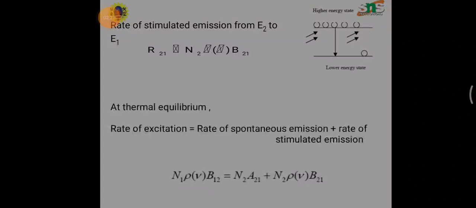At thermal equilibrium, the rate of excitation is equal to the rate of spontaneous emission plus the rate of stimulated emission. Therefore N1 rho nu B12 equals N2 A21 plus N2 rho nu B21.